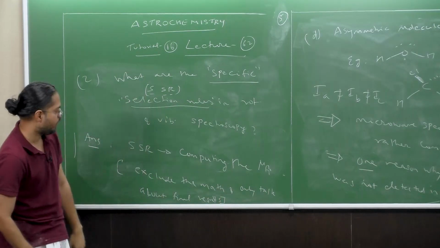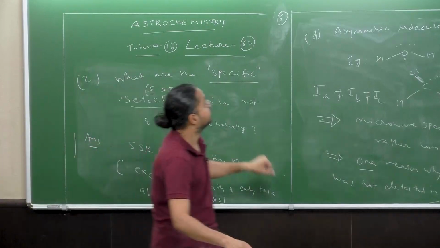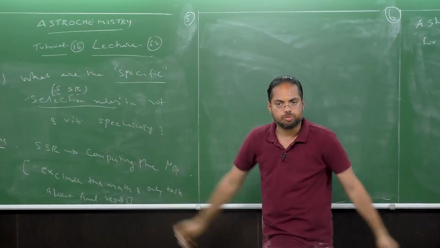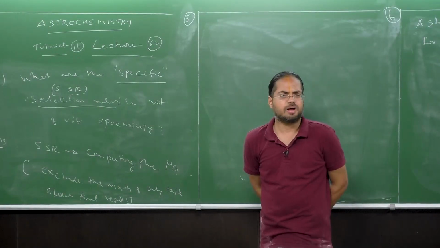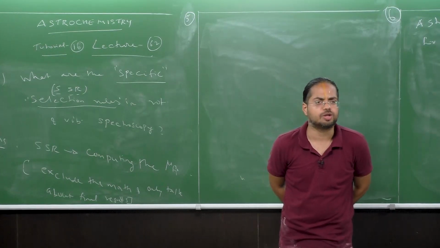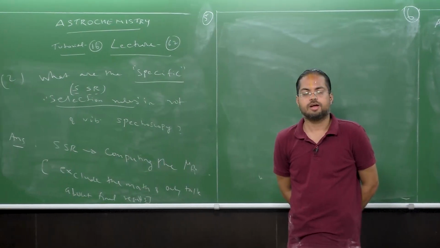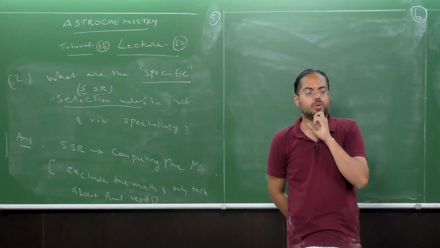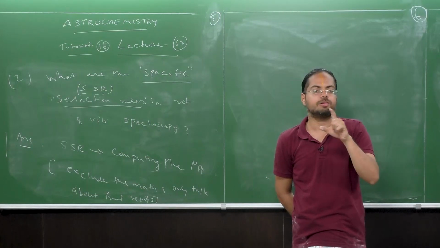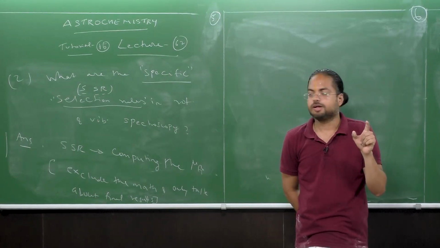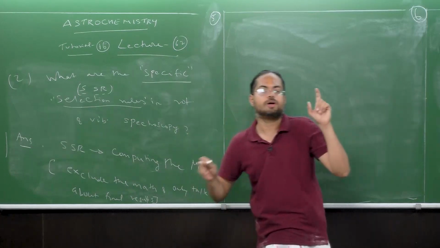That's what we're going to do in this class. So we're talking about the selection rules. Recall that the selection rules are going to be expressed in terms of what? If you remember, I told you that the specific selection rules are going to be expressed in terms of what?